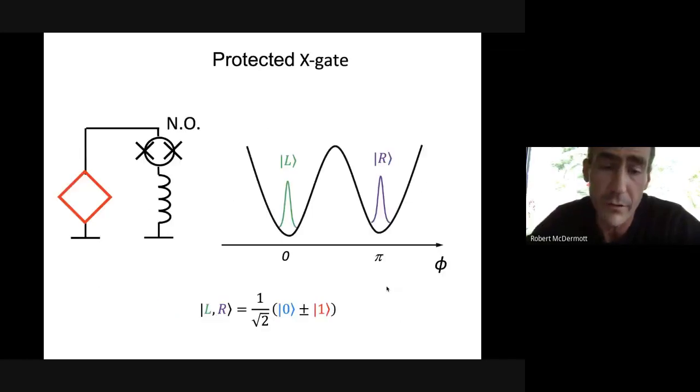In the case of the X gate, we're basically doing the same thing here, but now we take our plaquette and connect it to a very large superinductance via a squid switch that is normally open. It's easiest to think about this gate not in the basis of charge, but in the 0 pi basis, where we have states that are localized in the 0 well and in the pi well.